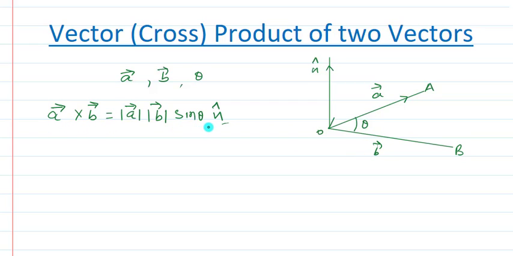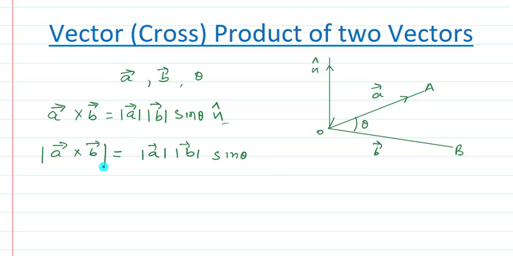So A cross B is modulus A modulus B sine theta n cap. If we calculate the modulus of A cross B, then we get modulus vector A, modulus vector B, sine theta into 1. There is no need to write into 1. Why is this so?